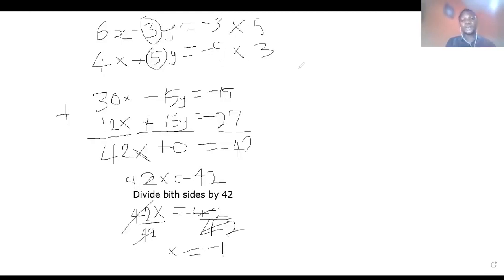So the next thing is we now return, so we'll put x is equal to minus 1 in any of the equations. Let me go to the previous equation 1.